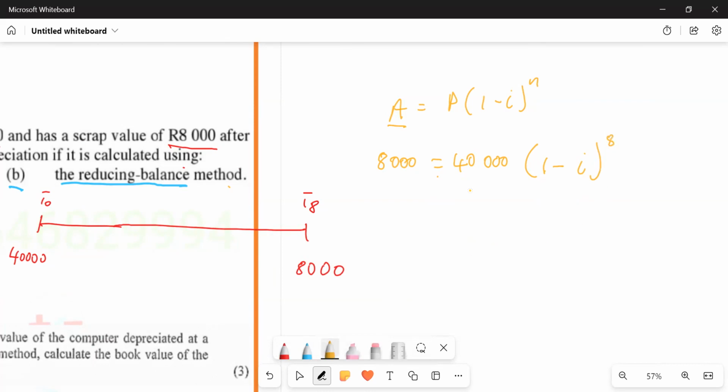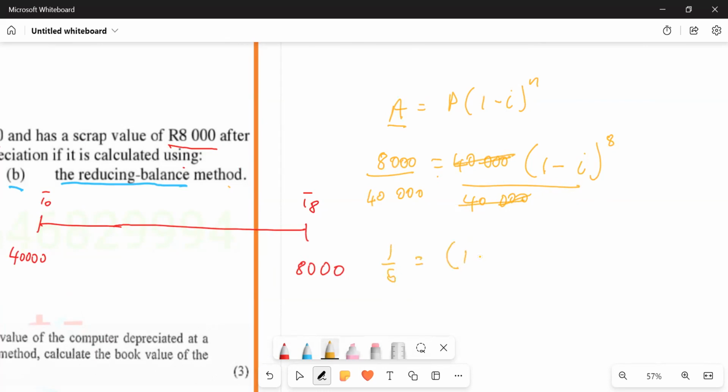Okay? And then from there onwards, we divide both sides by 40,000. We have this one divided by this one, we end up with 1 all over 5, if I'm not mistaken.